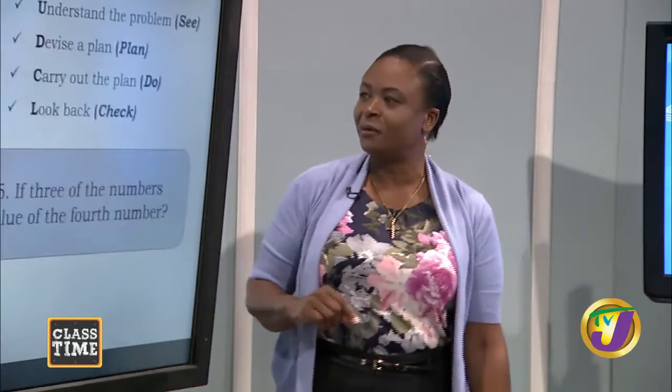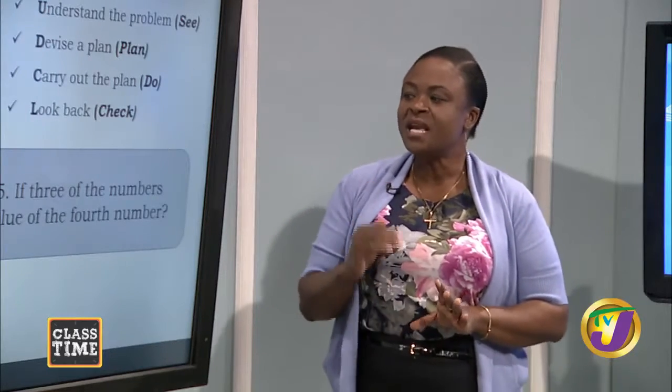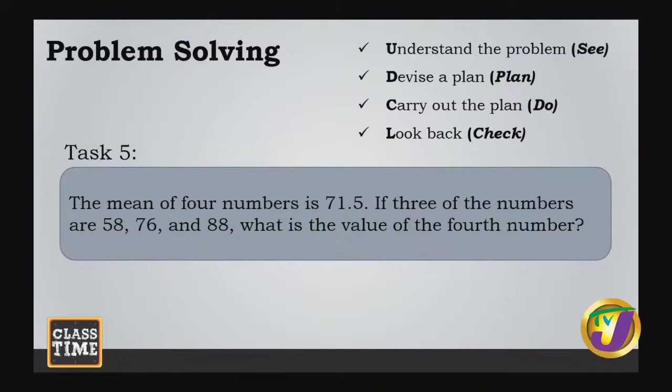So let us go. Please go back one for me. So this is another one. The mean of 4 numbers is 71.5. If 3 of the numbers are 58, 76, and 88, what is the value of the 4th number? So we read and understand.